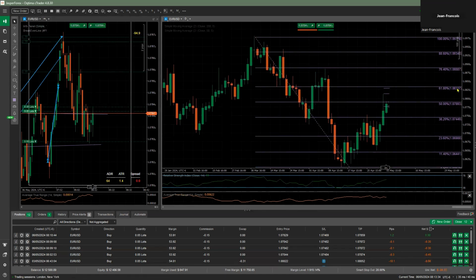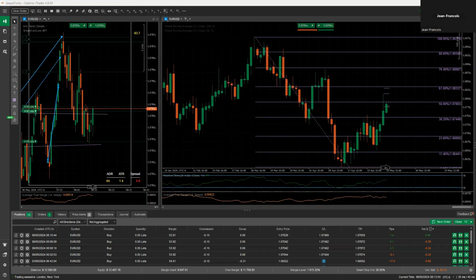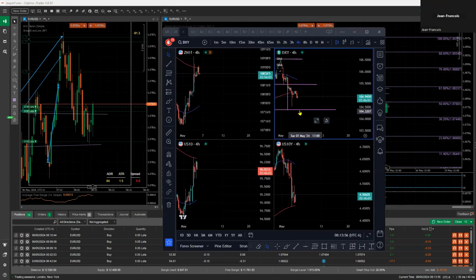I got the 61% retracement at the 8:30, 8:35 area, and that's kind of where we want to be selling. And so we're buying our way up there. By the time the euro gets there, it would be conceivable that the dollar index is at its support.